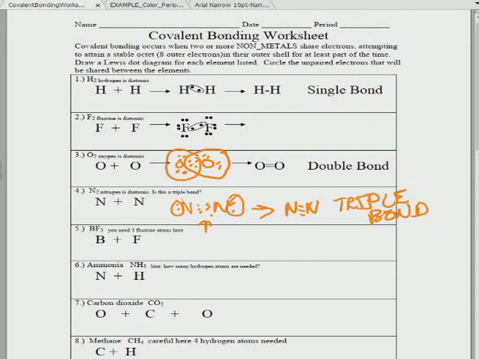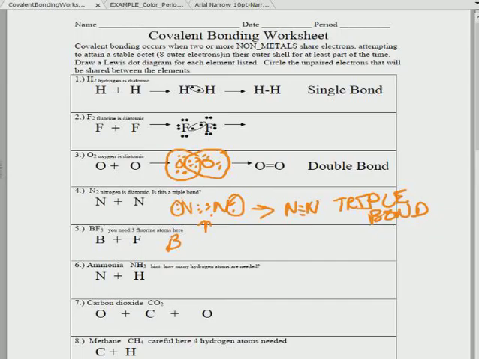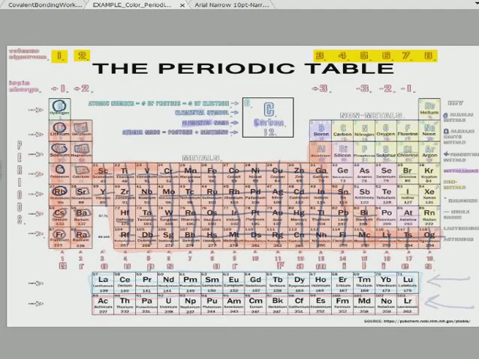And this one is the tough one. Boron has 3 valence electrons, 1, 2, and 3. And then fluorine has 7 valence electrons. Group 17, second to last column.